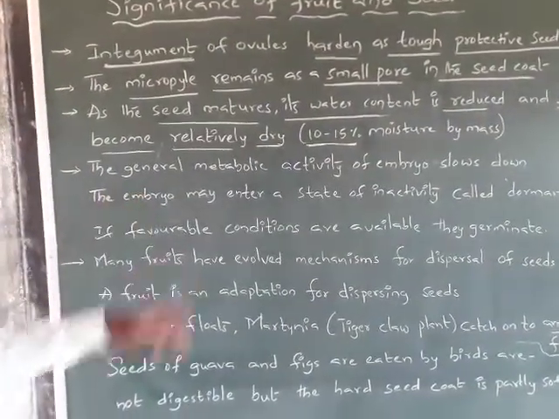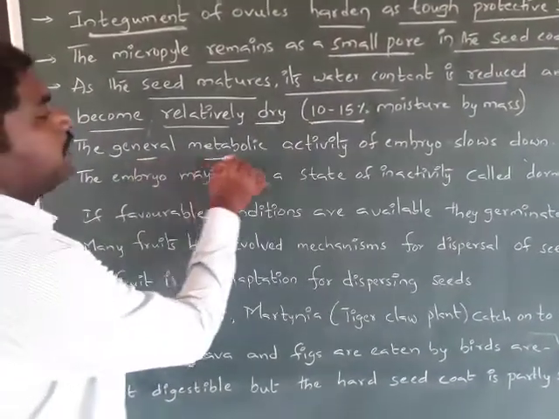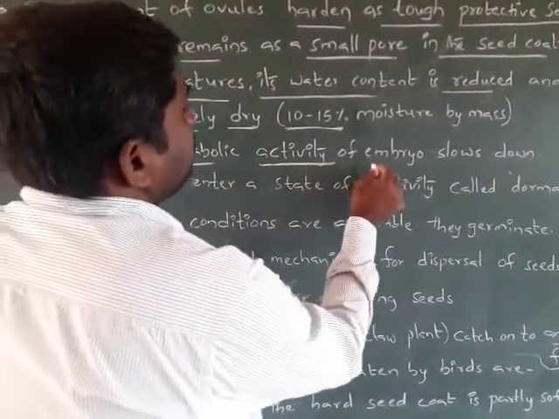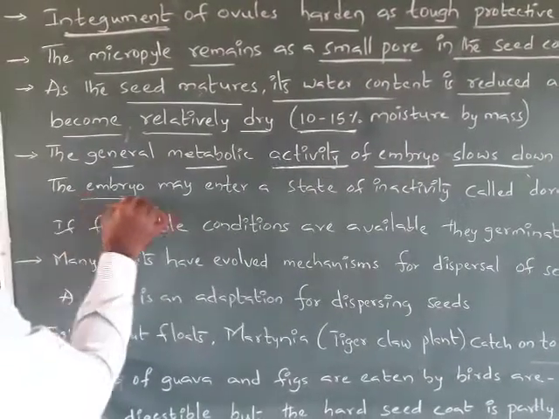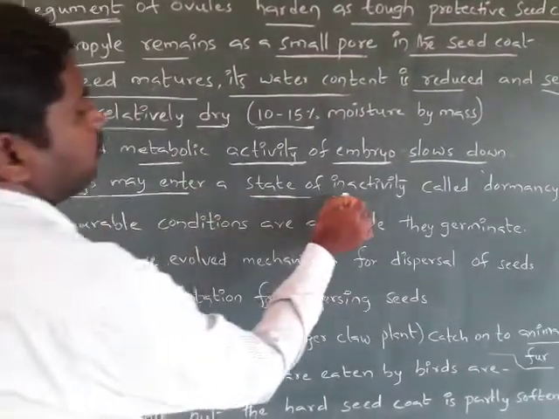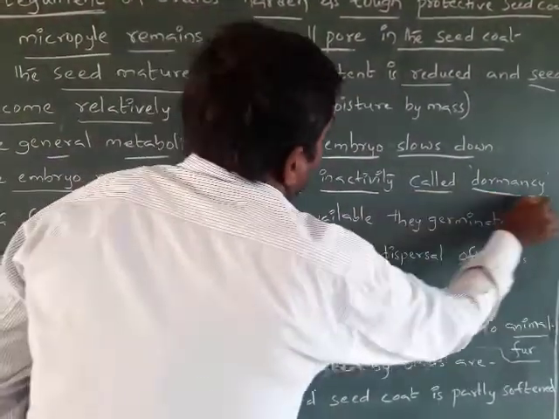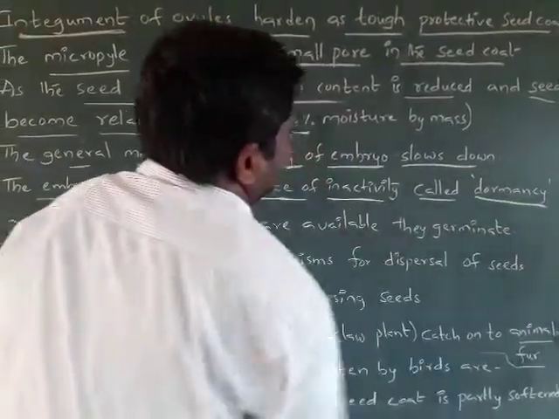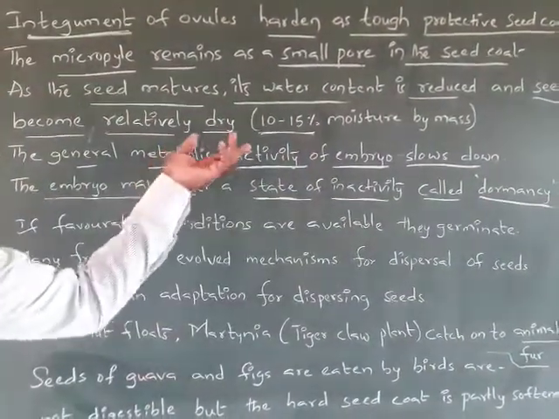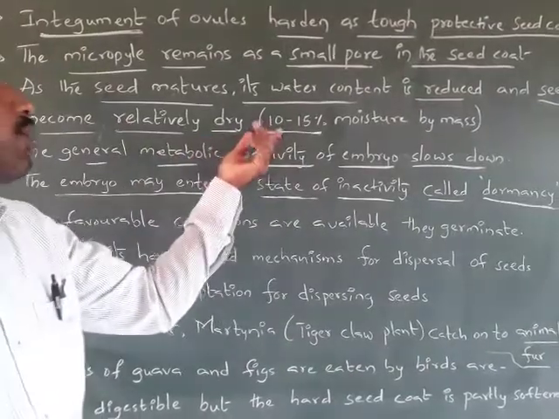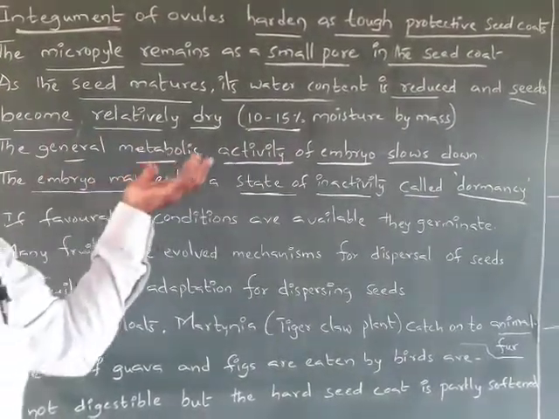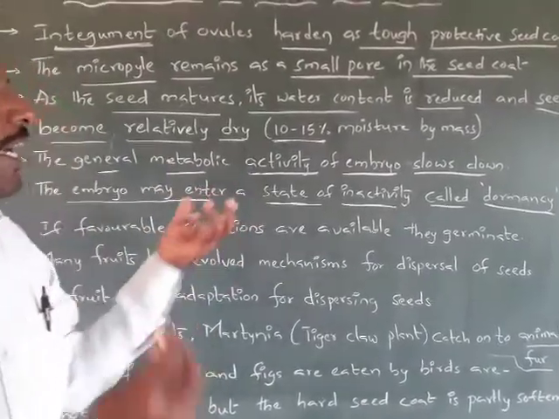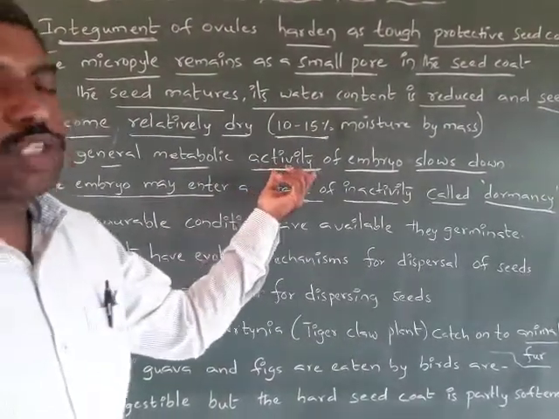In general, the metabolic activity of the embryo slows down, and the embryo may enter into a state of inactivity called dormancy. Generally the seeds are dry, containing only 10 to 15% moisture, and in the seed the embryo's activity slows down.